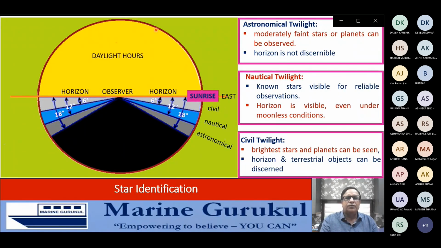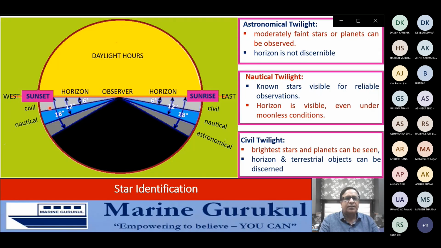Sun apparently moves across the sky from east to west, and when it reaches the western horizon, it's time for the sun to set. Now, as the sun sets, all the three twilights begin. Civil, nautical, astronomical all begin. Now, when the sun center reaches 6 degrees below the horizon, it is end of civil twilight.